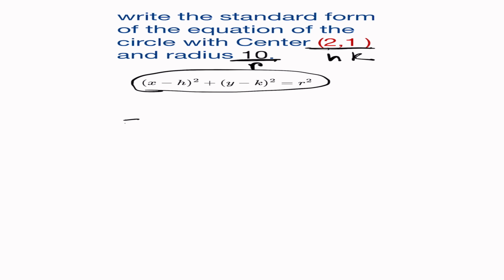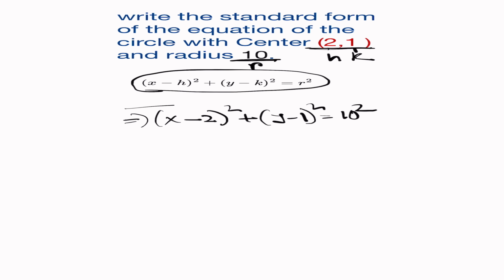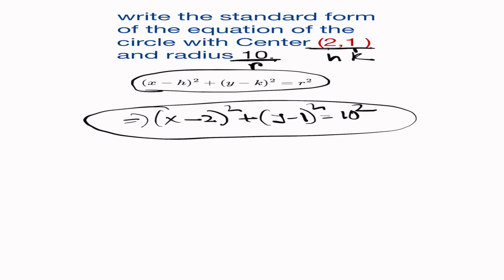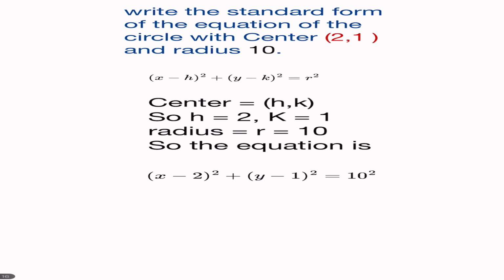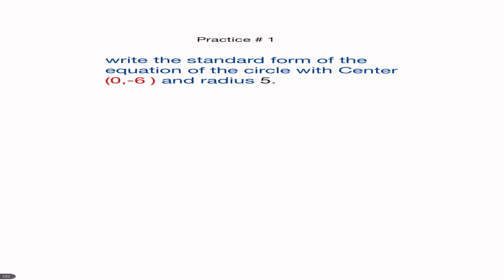So we can simply write (x minus 2) squared, plus y minus 1 squared, and r is 10, so 10 squared. This is our standard form of a circle, okay? I wrote it down clearly so that everything is clear for you, right?